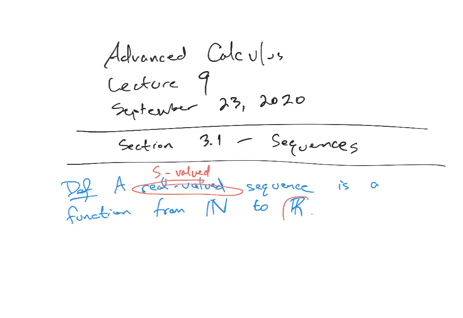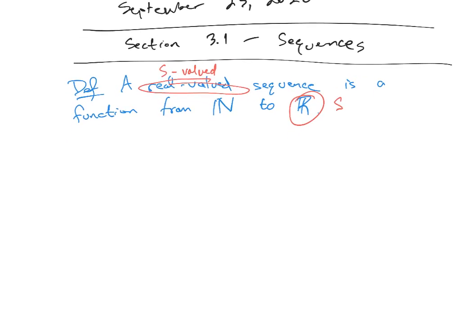And then instead of the reals, we would put S, for any set S. And so for example, our notation suggests that the function f of n equals n plus 1, let's say, is a sequence.